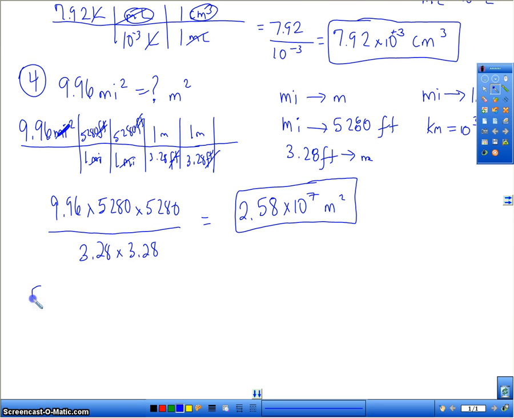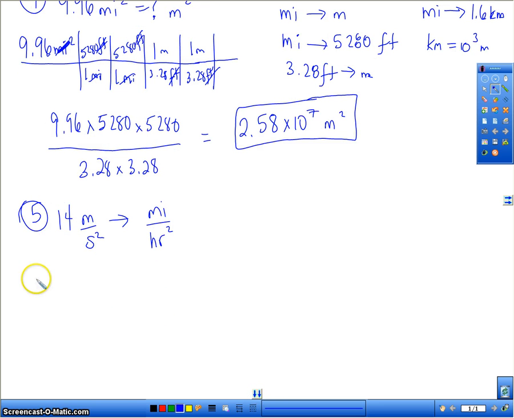Okay, I'm going to do one more. 14 meters per second, pardon me, meters per second squared is how many miles per hour squared. So I'm going to start with 14, and I'm going to set it up meters per second squared, so I have meters on top and seconds squared on the bottom.